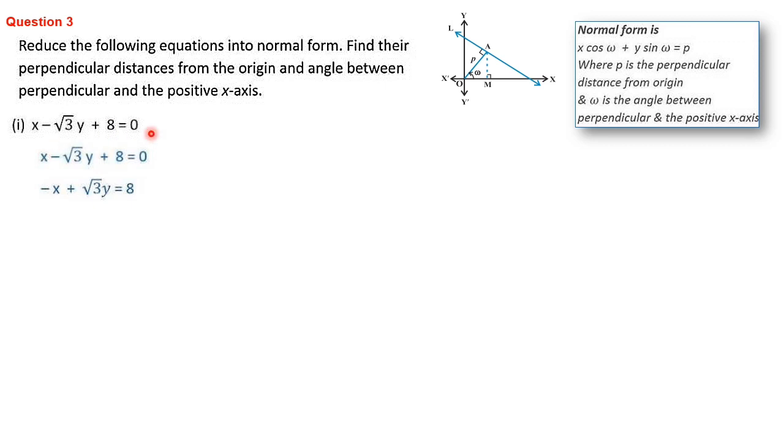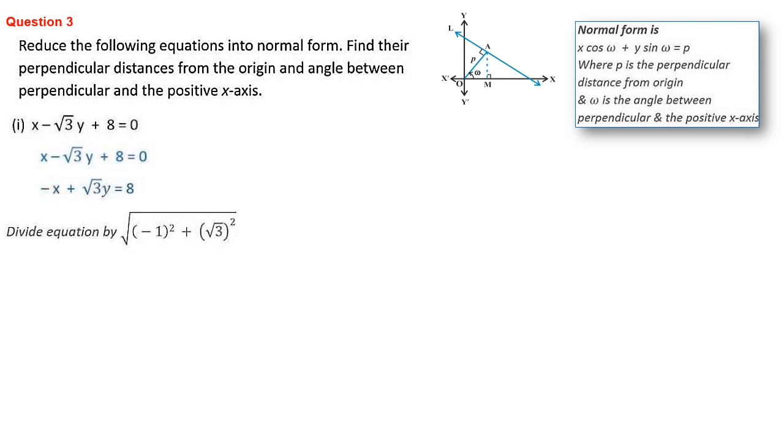See, plus x coming to the right side, it comes as minus x. Minus root 3y come to the right side, it comes as plus root 3y. Because we are giving preference to this 8 distance, we want it as positive. So 8 we are keeping as it is. Then divide the equation by, see, this is coefficient of x. Coefficient of x is minus 1 and the coefficient of y is root 3.